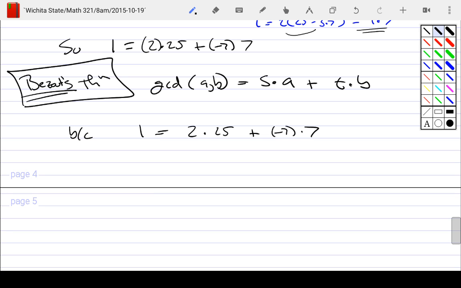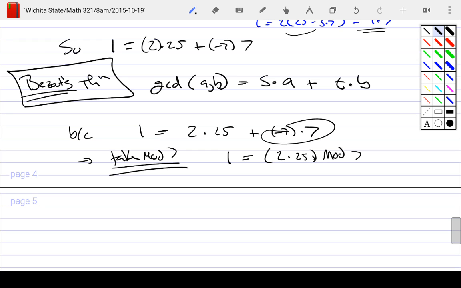What would happen if I did a mod 7 to both sides of this thing? What if I did this entire thing and just simply say, I'm going to take mod 7. The left-hand side is still what? 1. What's my right-hand side? Well, this is still going to be 2 times 25, that'll be mod 7, right?